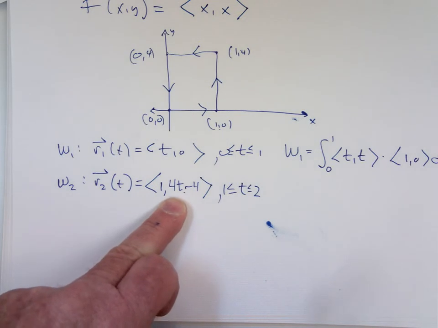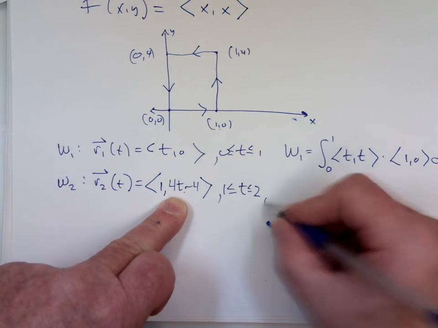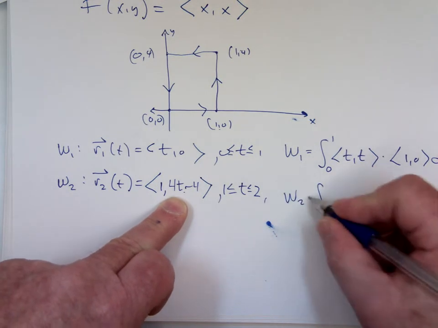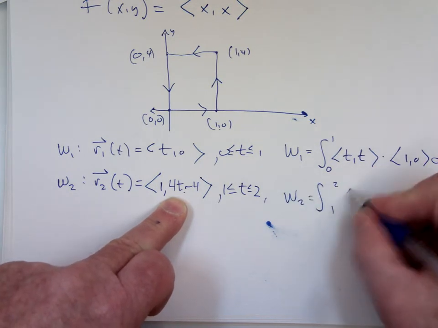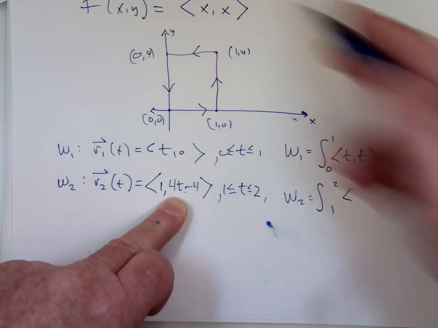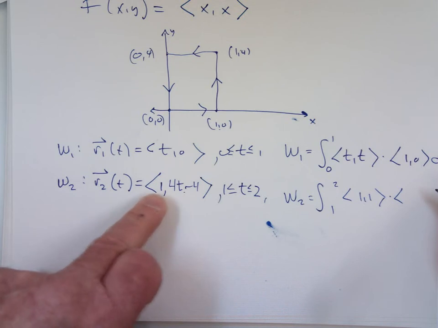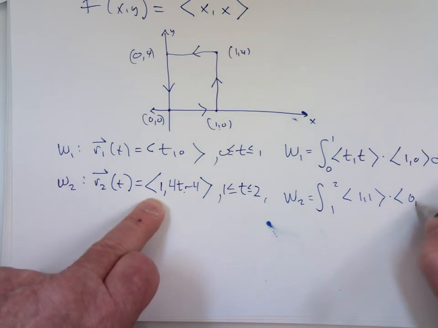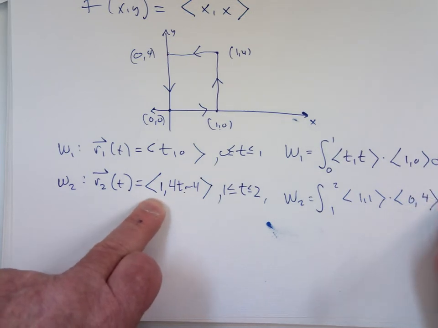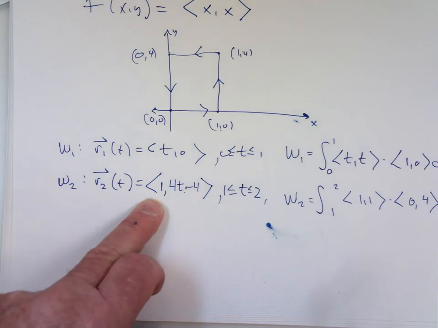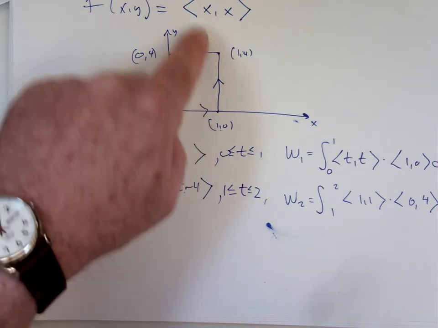So the second work, 1 to 2, x, 1, 1, dot, 0, 4, dt. That would be the work moving up the side of the rectangle.